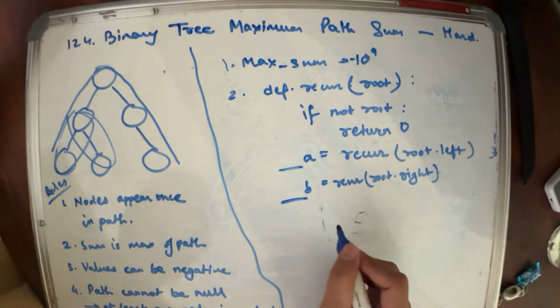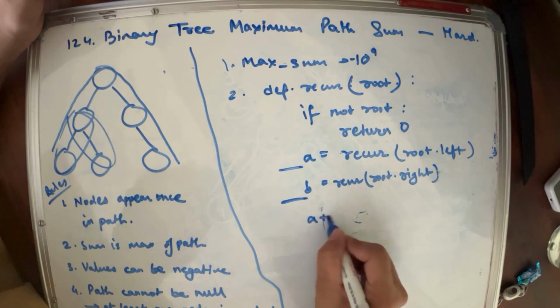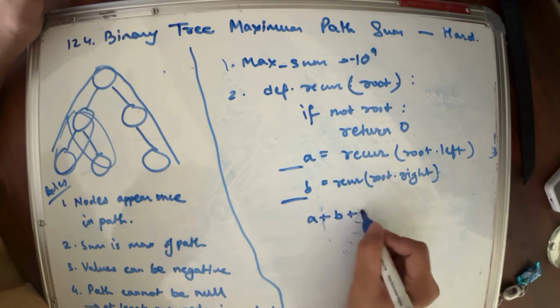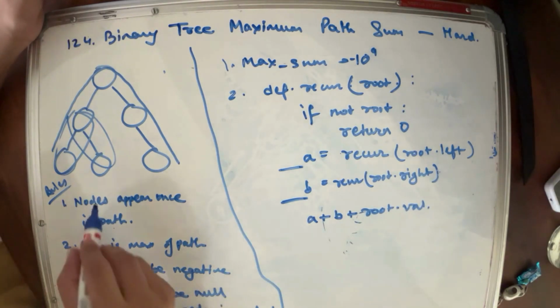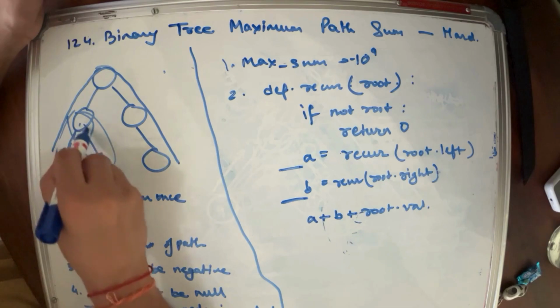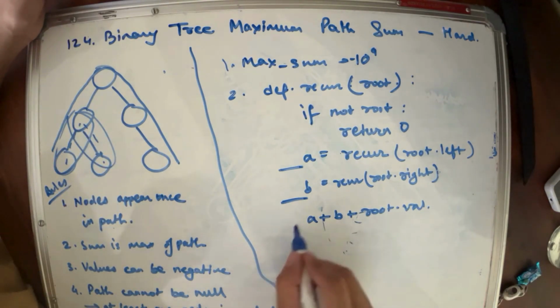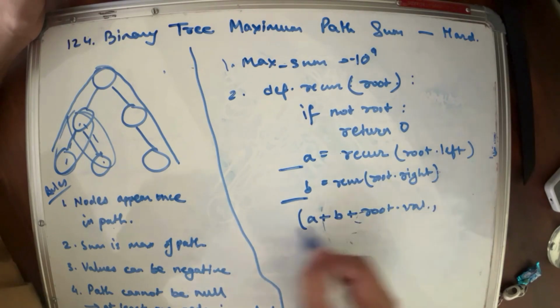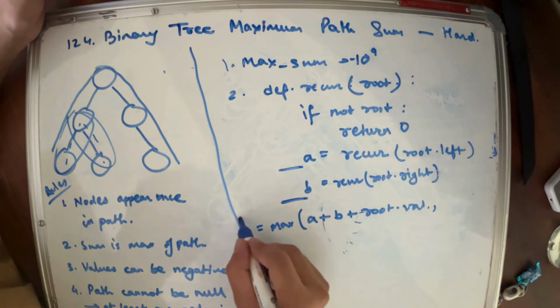So one answer can be A plus B plus root dot value, right? Which is this subtree path. Okay. This can be one value. So we take max of this and store it in our max path.